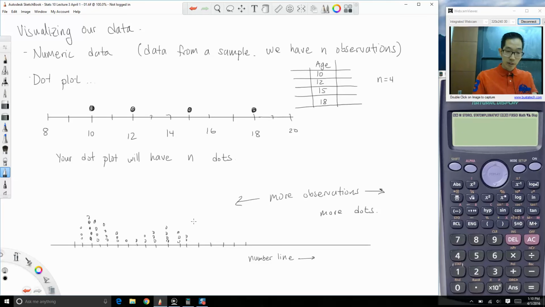And I think we can see, if your data set gets really big, to the point where you've got hundreds or even thousands of observations, a dot plot will lose its effectiveness because you've got to have a dot for every single observation, okay?